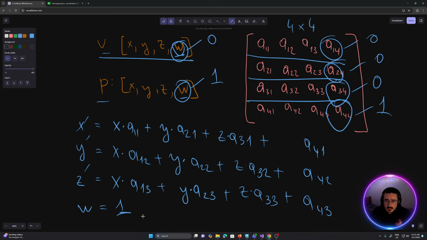So that's the main difference between point and matrix multiplication and vector matrix multiplication.